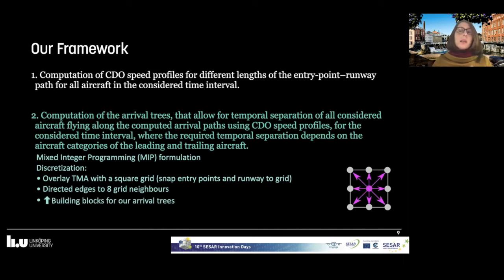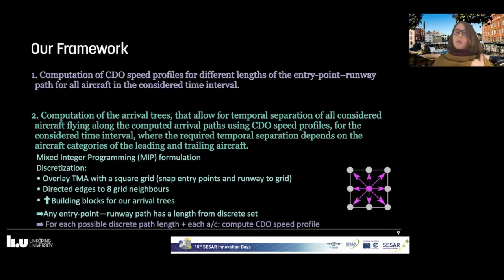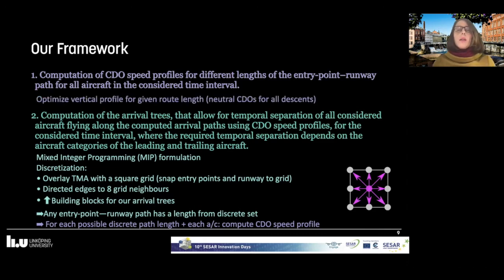What that means is that we have a discrete set of possible entry point runway path lengths. So for each possible discrete path length and each aircraft, we compute a CDO speed profile. So we'll compute one, and then this is the input to our MIP. And this is the optimization of the vertical profile for a given route length.